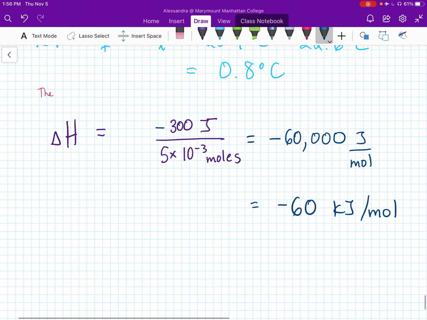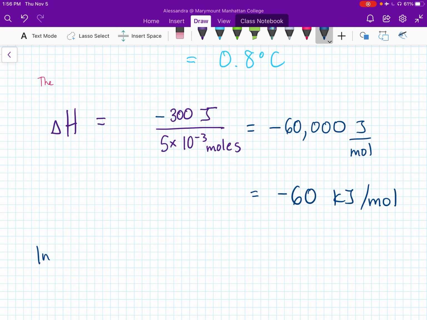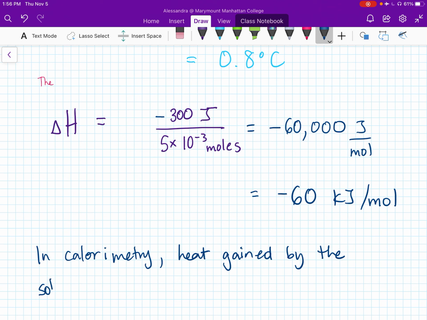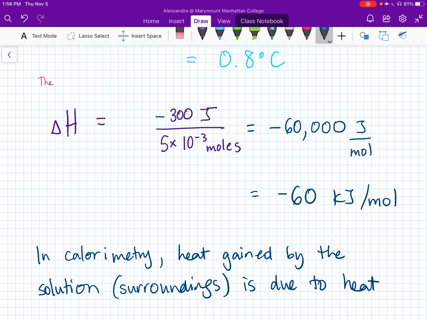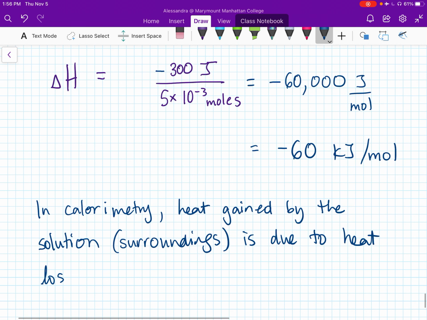So you're going to see this over and over again. It's going to be a theme in calorimetry that any heat gained by the solution, so the solution is the surroundings, you can think of it as the solvent, since solution is mostly solvent, but really it's the solution that is the surroundings, is due to heat that is lost by the reaction.